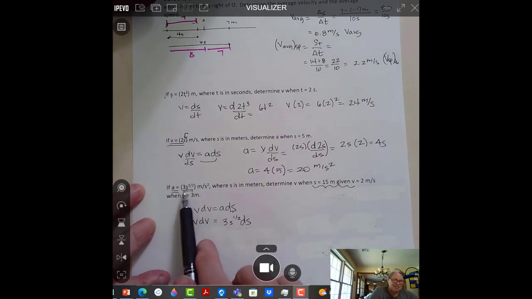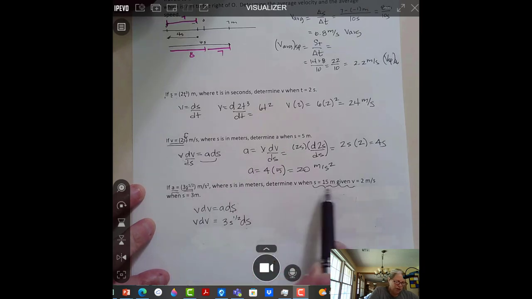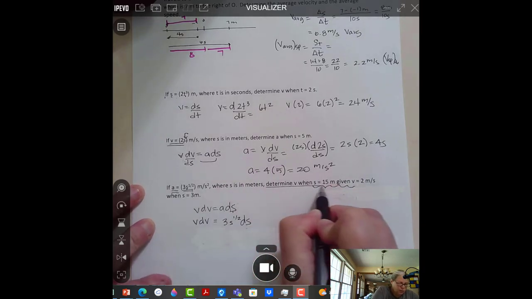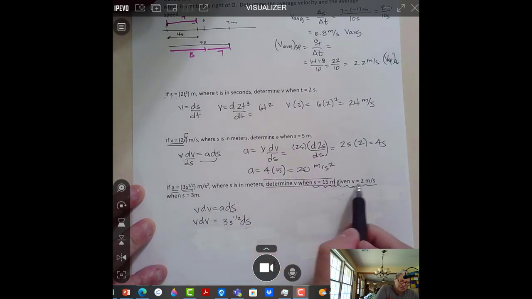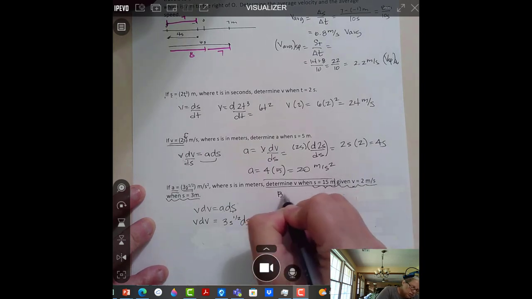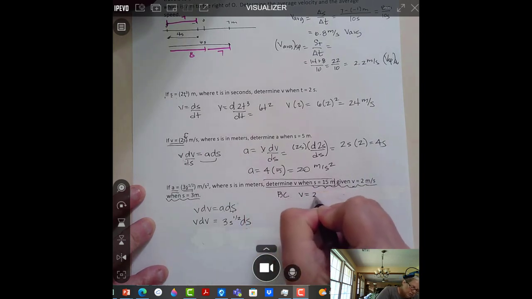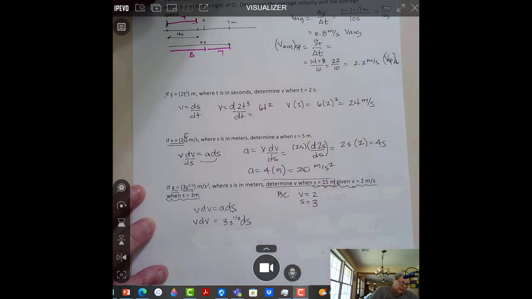So we're doing a as a function of s, and we want to find the velocity when s equals 15 meters, given that our velocity is 2 meters per second when our position is at 3 meters. So we have boundary conditions here that say when velocity is 2, position is 3. As we're integrating, we are not always going to go from 0 to velocity and 0 to position.